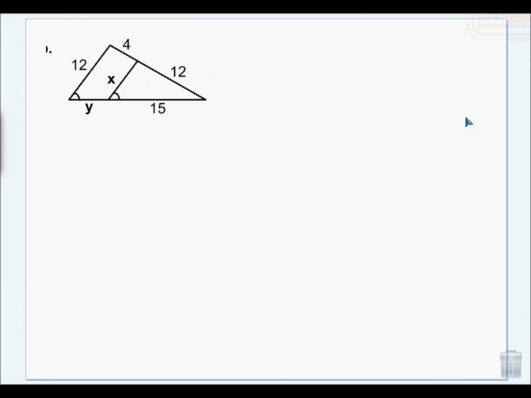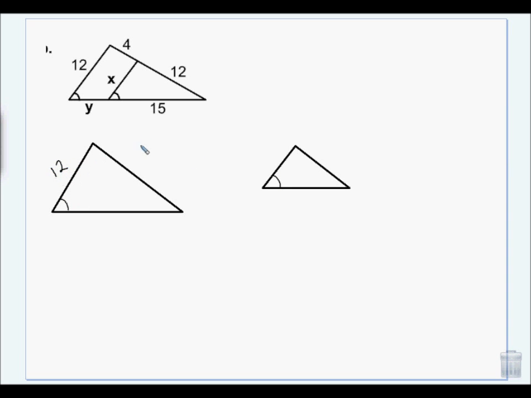Alright, so for B, we have the two triangles together, so we need to separate them. We will do large triangle and small triangle. And we have this angle here that's congruent.